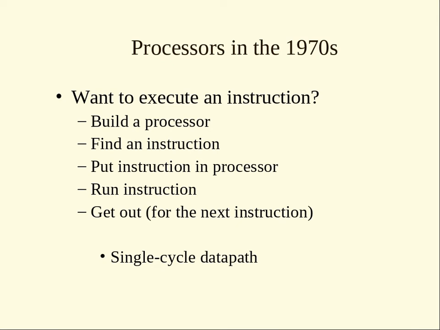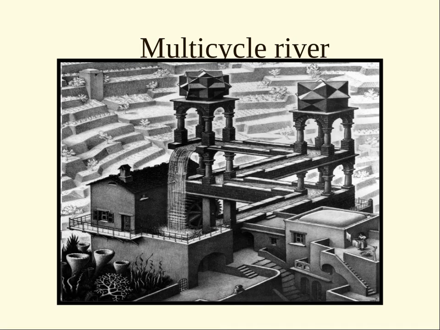So you build a processor, find an instruction, put the instruction in the processor, run it, get out. This was a single cycle data path in the 70s. Then the multi-cycle river. These are always fun little pictures because, for example, which way is the water flowing?